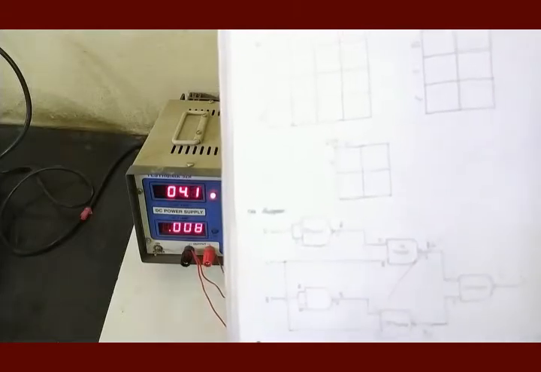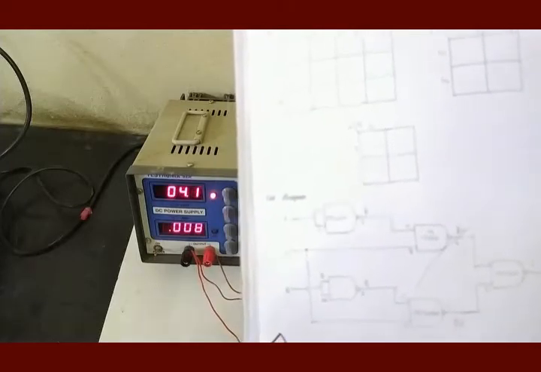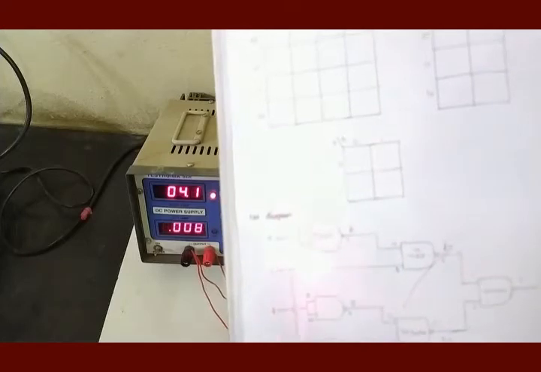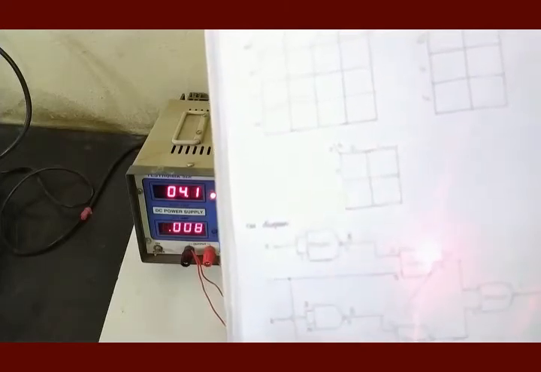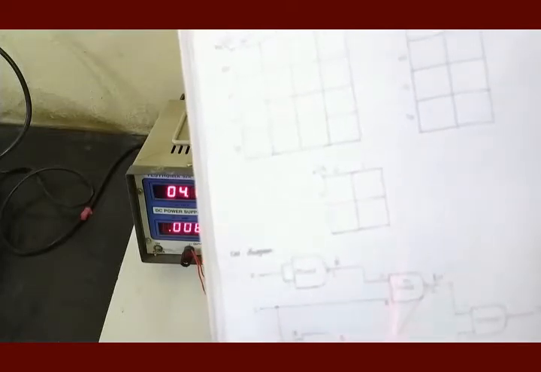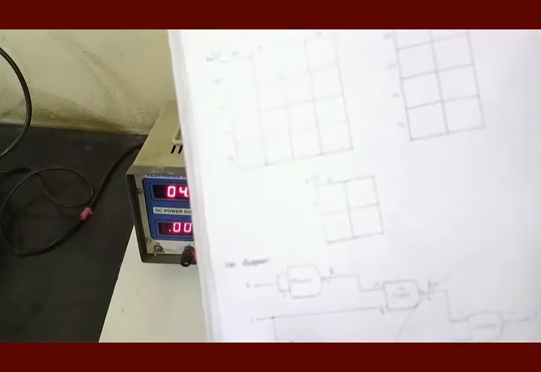As we need 5 NAND gates here, we require 2 IC 7400. So this is one IC, this is the second IC.